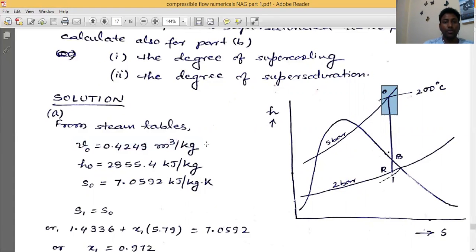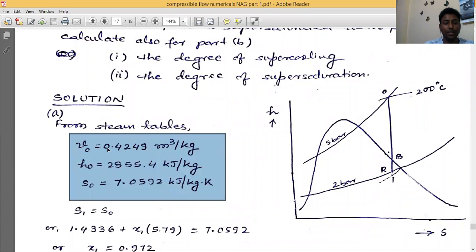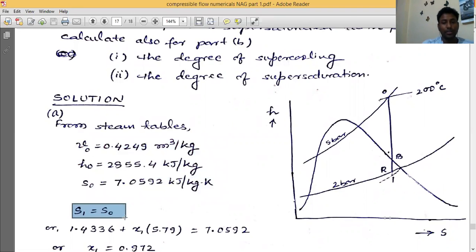From the steam table or Mollier diagram we can read out the specific volume, enthalpy and entropy. Also S1 represents the entropy at the exit.